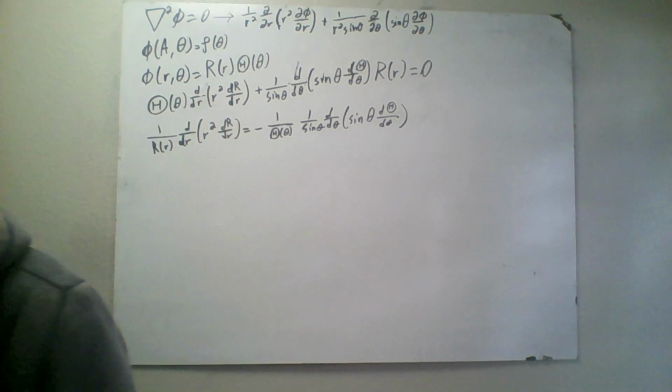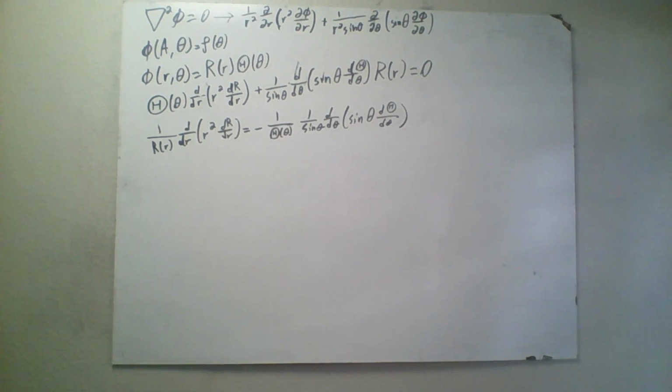Now, the trick here is that this is going to end up equaling a constant. And once again, for finding the exact constant, you have to be a little careful. Or you don't have to be careful. It'll solve itself later. It's just more annoying if you don't.